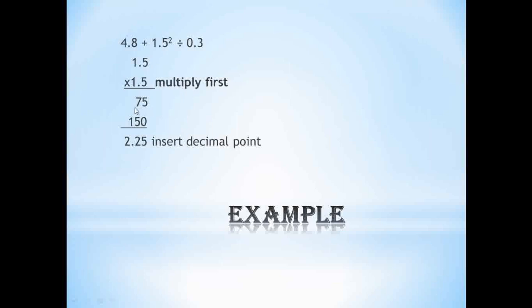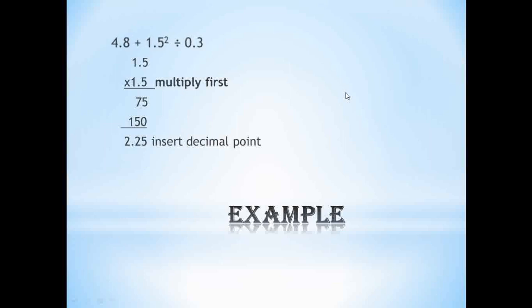Alright, after we have done that, we are going to multiply regularly, ignoring the decimal point. So we are going to end up with 75, 150, put that together, we get 225 right here. I have 2 decimal places, so I start out here and then I insert my decimal point, so I'm ending up with 2.25.